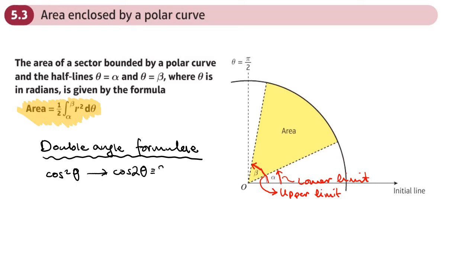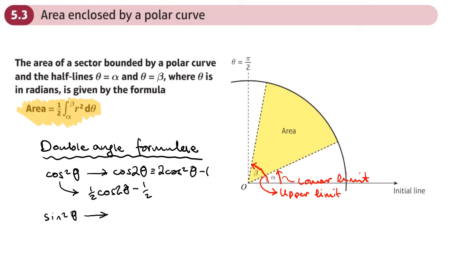That's 2 cos squared theta minus 1, which means cos squared theta we can change to half cos 2 theta plus a half.